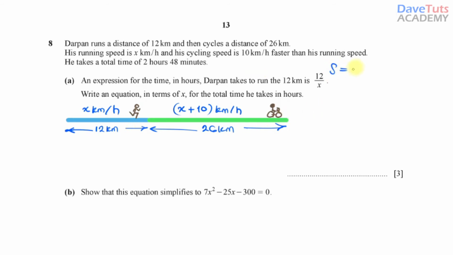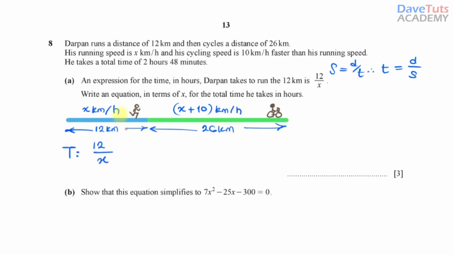Ideally, we know that speed is distance over time, but we are told that the expression for the time in hours that Japan takes to run the 12 kilometers is 12 over x. So we can say t then is going to be, if you reverse this, distance over the speed. For the phase of the journey in which he was running, the time will be the distance, which is 12, over the speed, which is x.